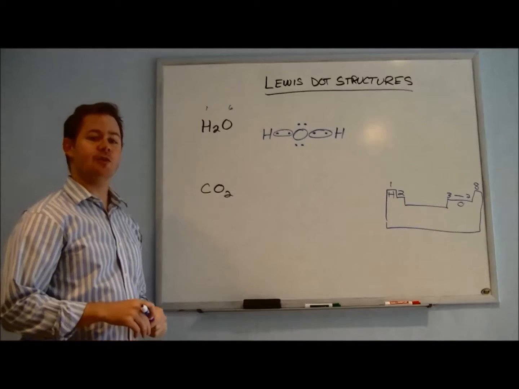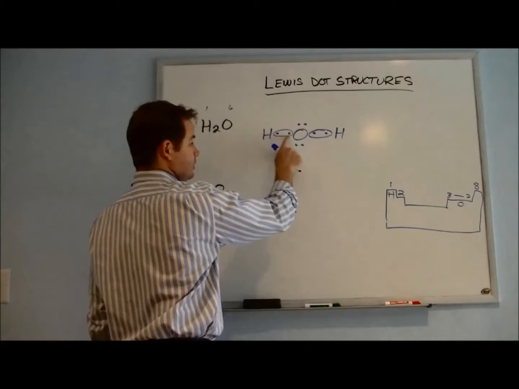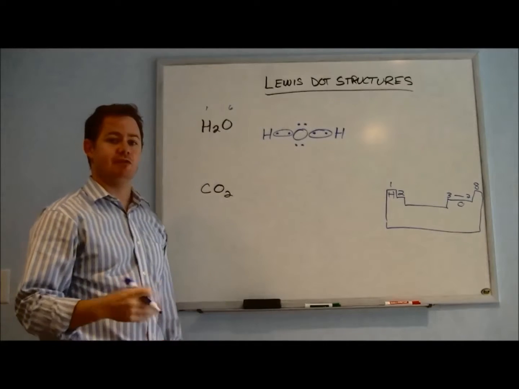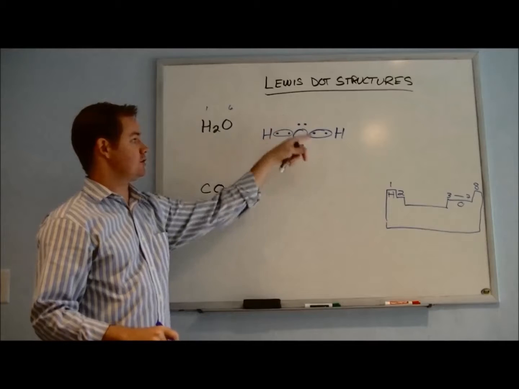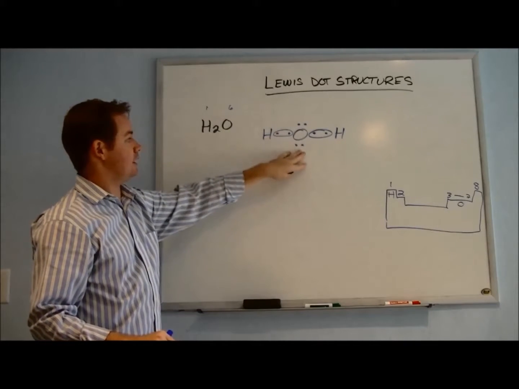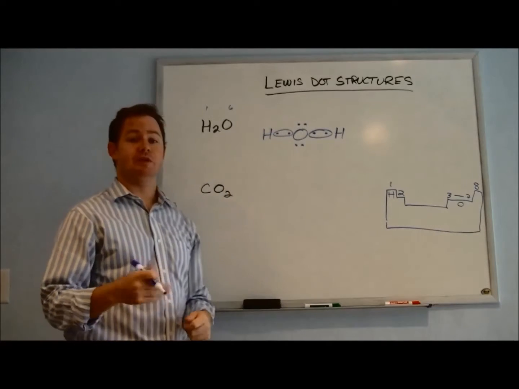And then if we count the total electrons around our central atom, the oxygen here, it's 1, 2, 3, 4, 5, 6, 7, 8, which means that it fulfills the octet rule, that it has 8 electrons surrounding it for a complete electron energy level, and then 2 surrounding each hydrogen for a complete energy level there.